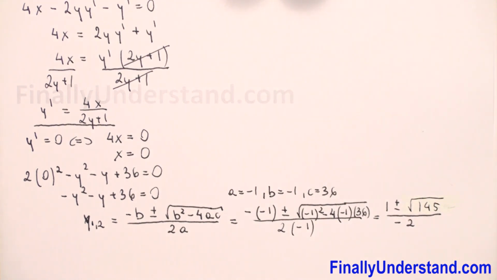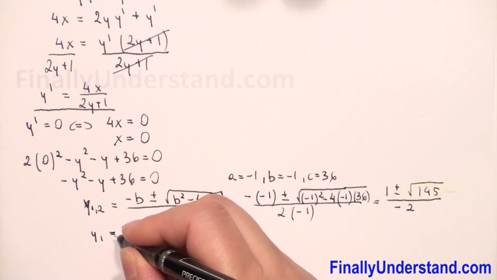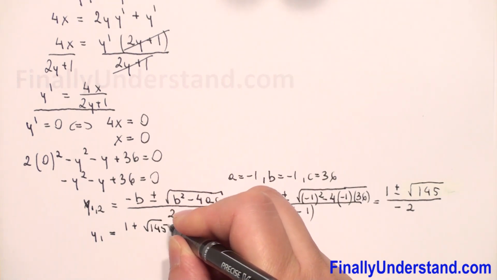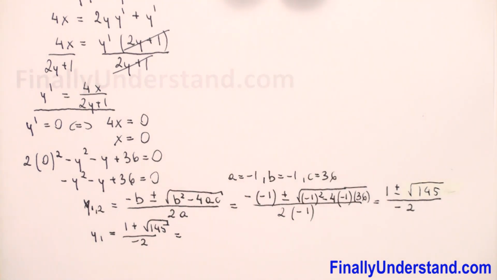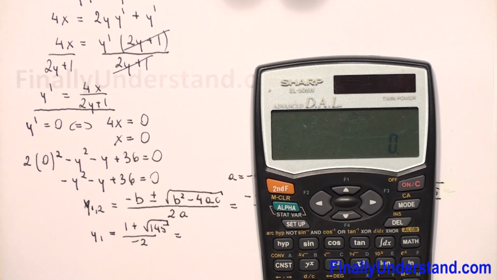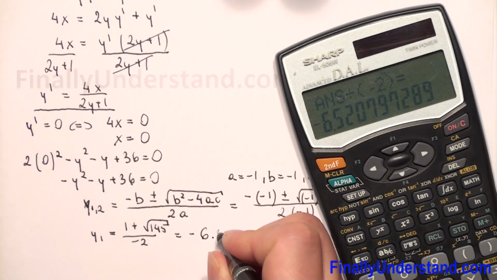So we can use a calculator, and we have y1 equal to 1 plus the square root of 145 over negative 2. This is equal to 1 plus the square root of 145, divided by negative 2. So it is negative 6.5.